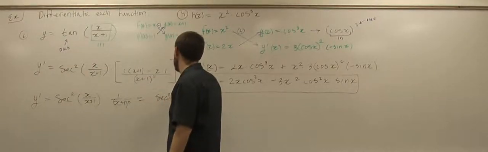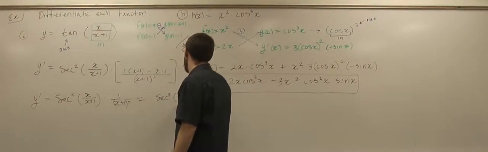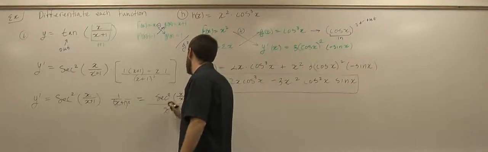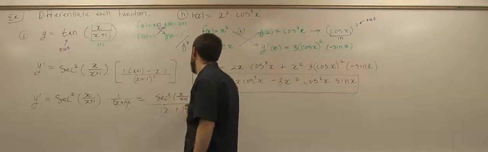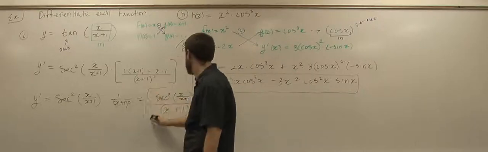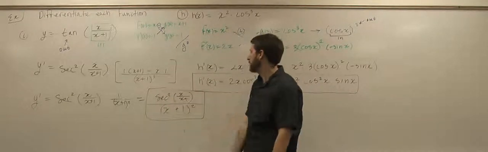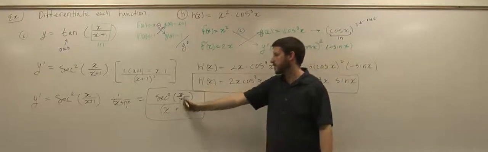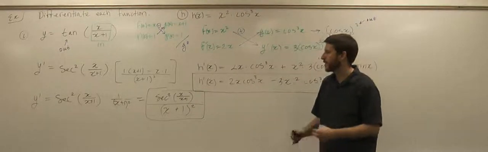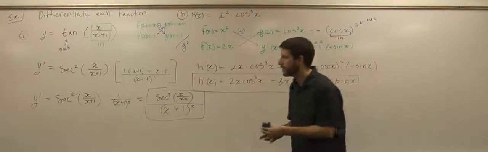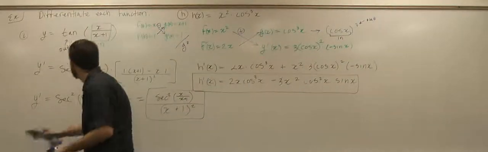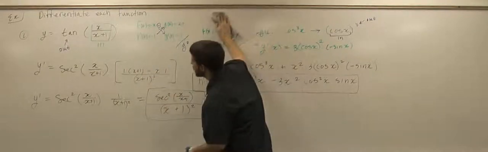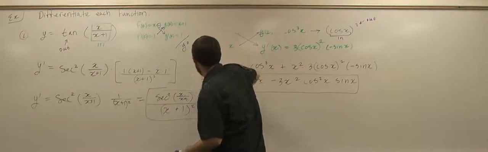Secant squared. Remember, this guy's stuck inside the secant. He's never going to do anything with this guy outside. So that was the quotient rule inside of a chain rule.